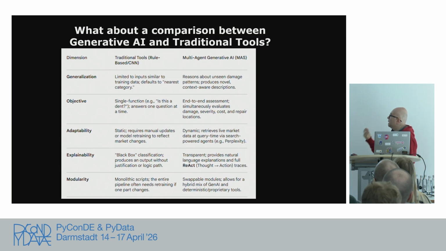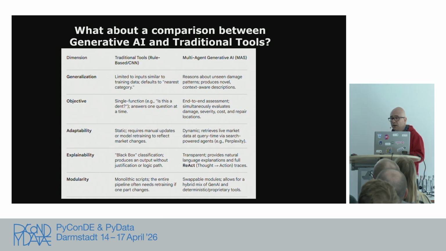If your goal is only to make a single classification, binary or multi-class, it's a single task. So it is not adaptable; new tasks require new training. Also, in terms of explainability, it is a black box. And they are monolithic scripts, so for the entire pipeline, if you change something, you need to retrain.